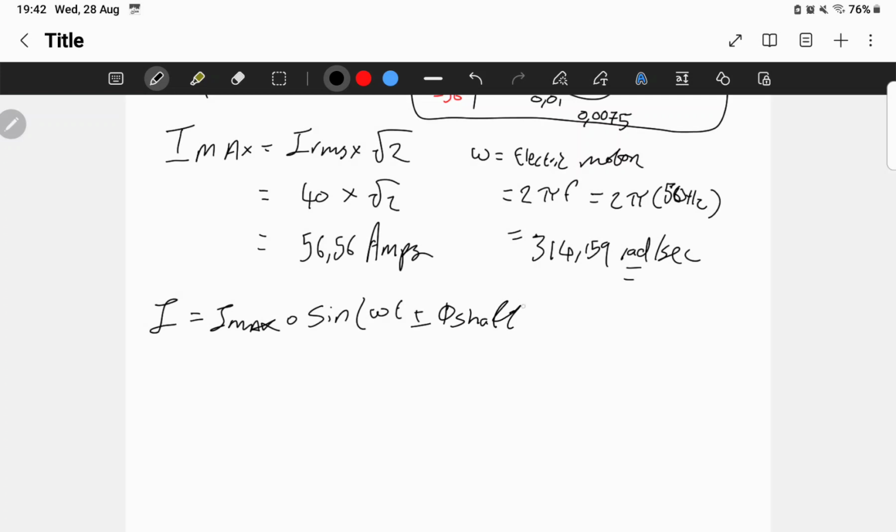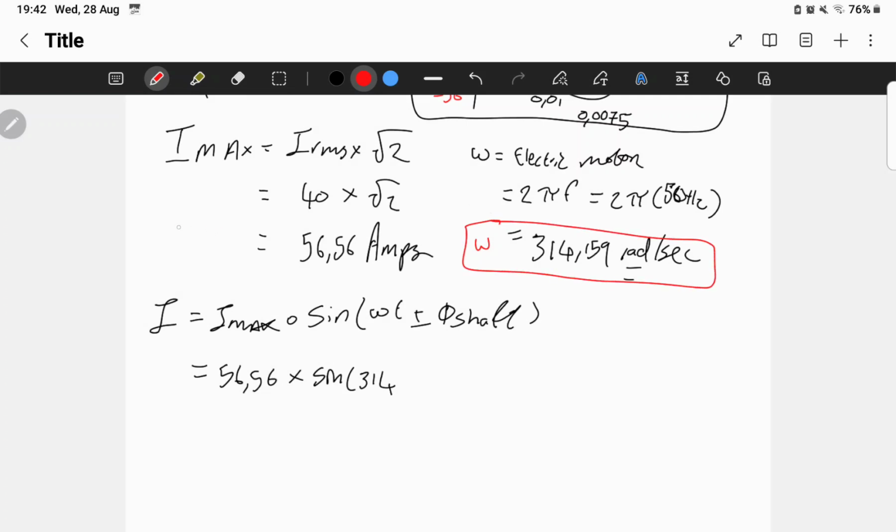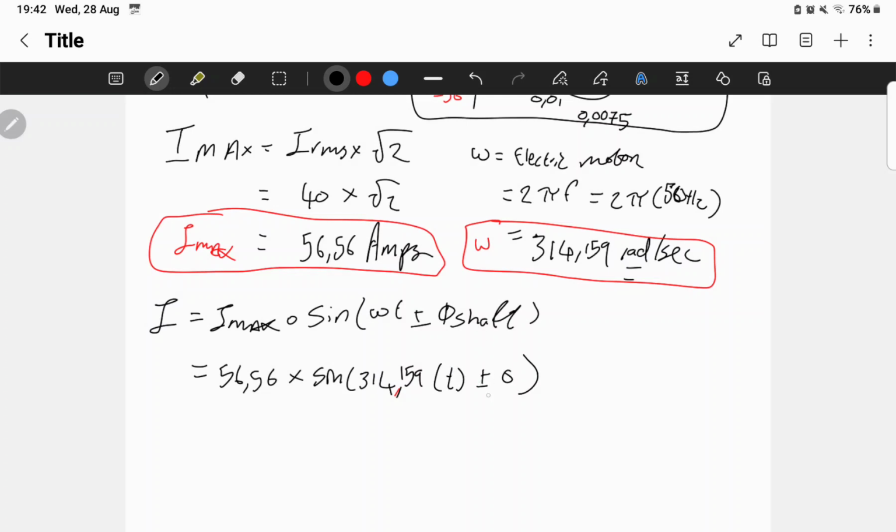Once we substitute that, we have 56,56 multiplied by sine, and then our angular frequency, 314,159, multiplied by t, and then plus or minus the phase shift, which is 0. That's not given to us.